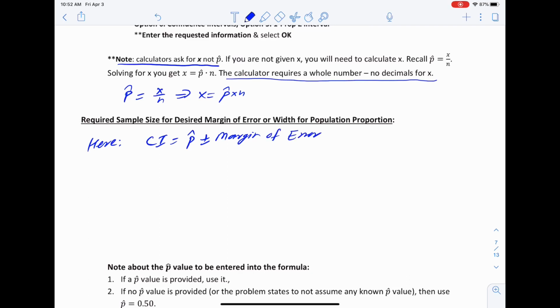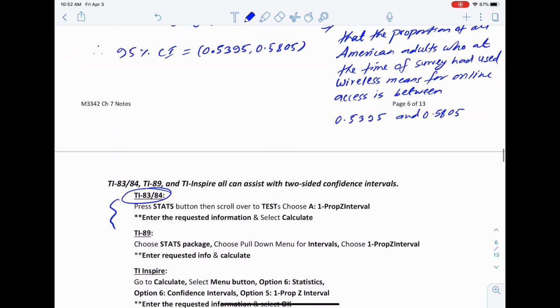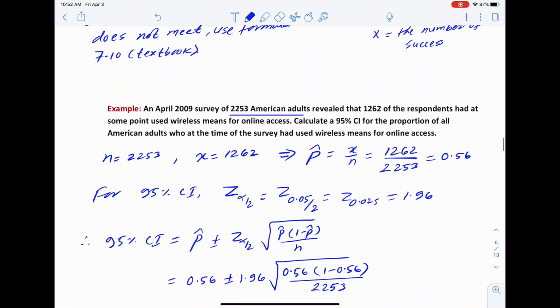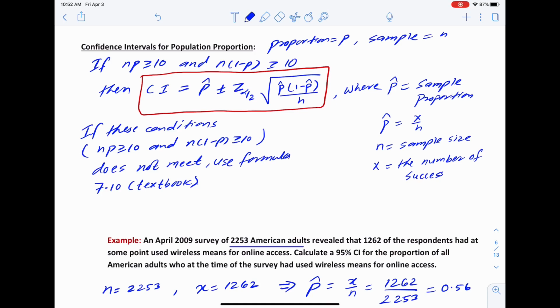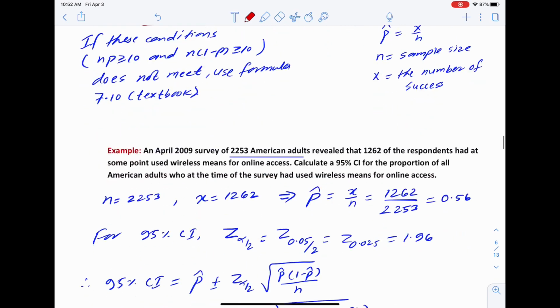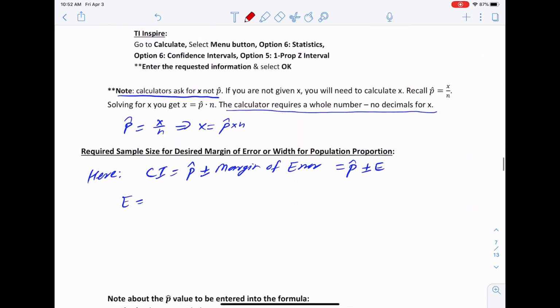So here the margin of error, let's say this is E, and E in this case, if you look at the formula, this second half is our margin of error, so we use that formula.